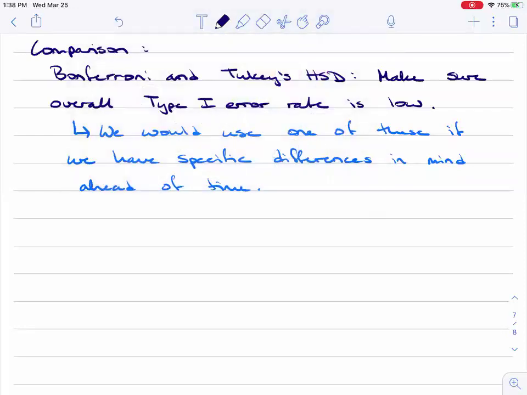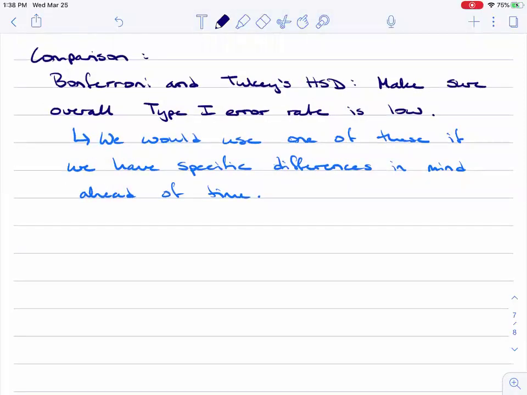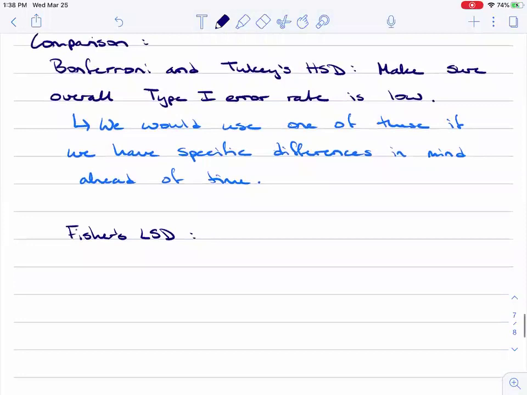Okay. So here, not to leave anyone out, Fisher's LSD, what does Fisher's LSD do? Fisher's LSD is really more if you're concerned about missing actual differences, right?